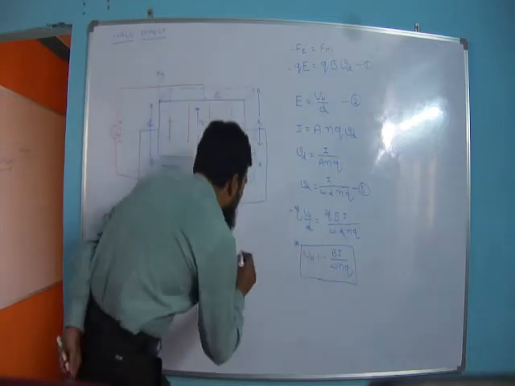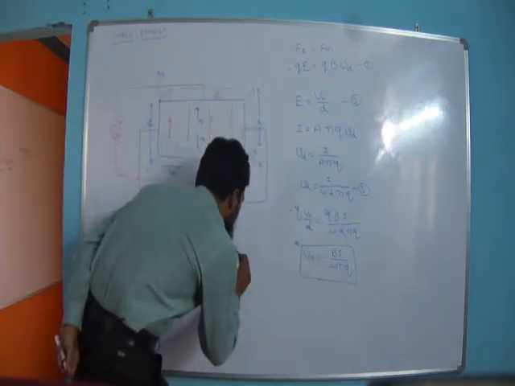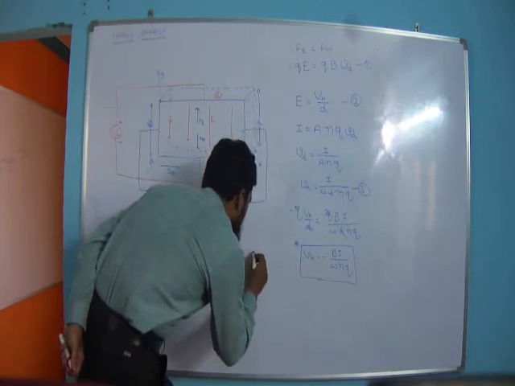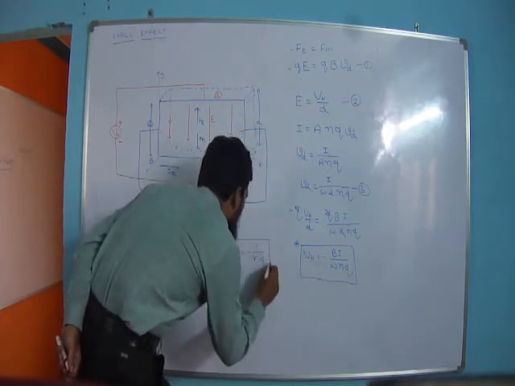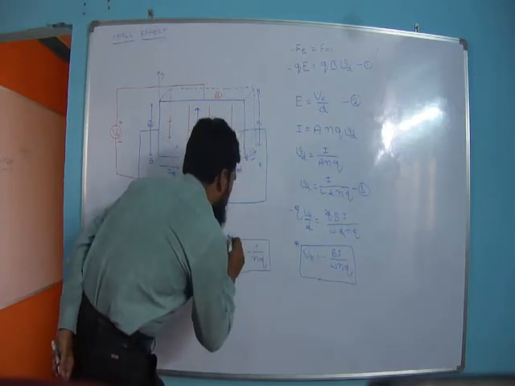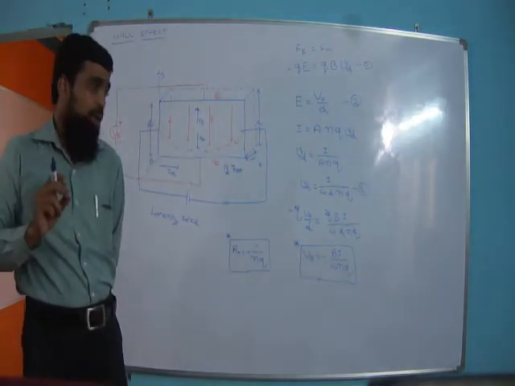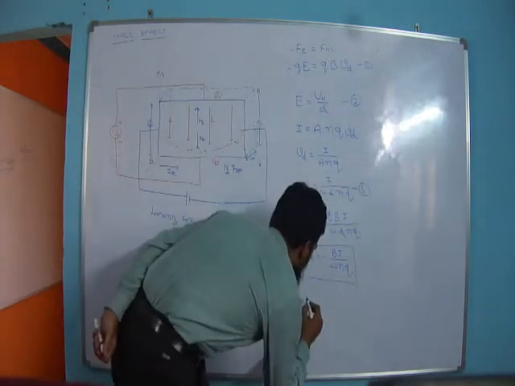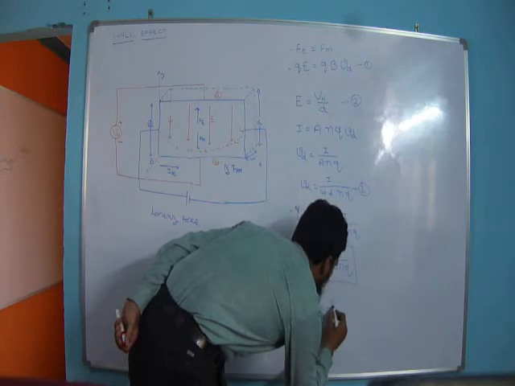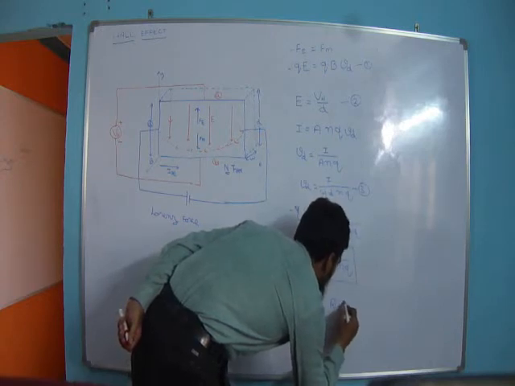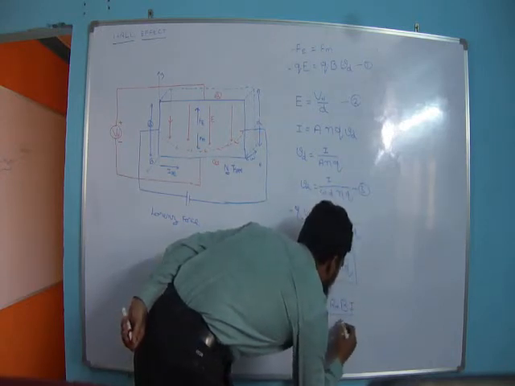Now, 1 by charge density we call the Hall coefficient. In that case, this VH, the Hall voltage generated, can be written as the Hall coefficient into B I by W.